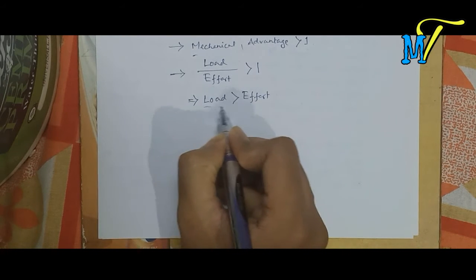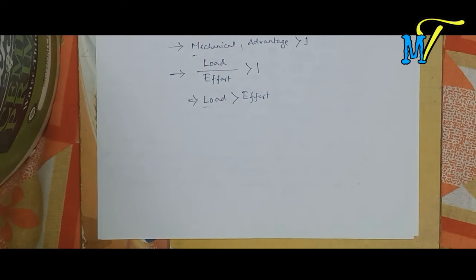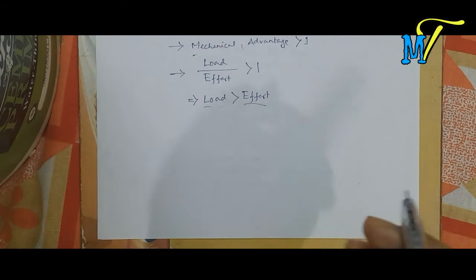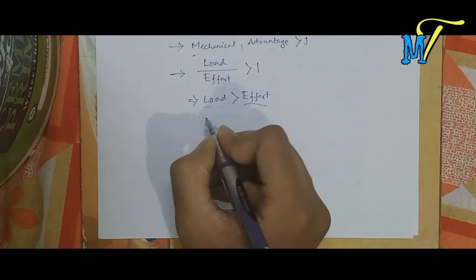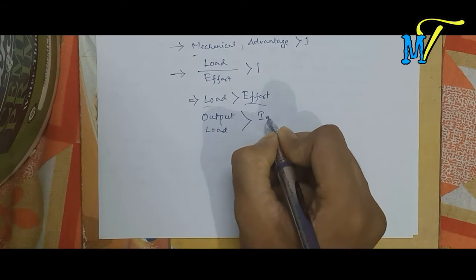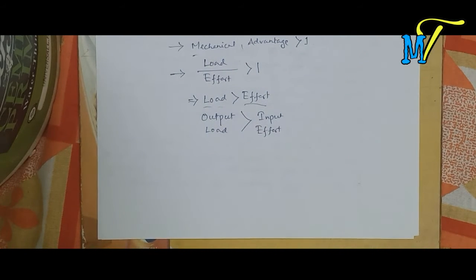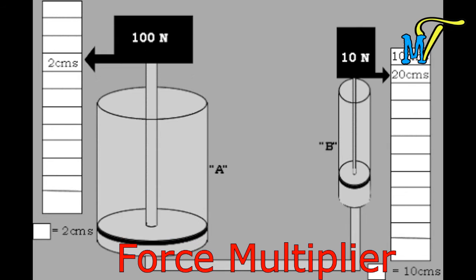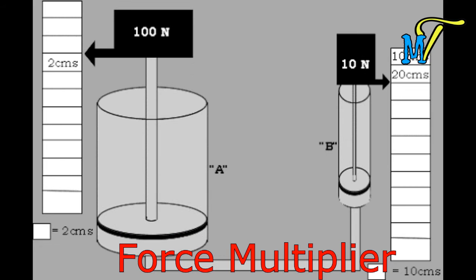Because load is the force we get on the output, and effort is what we give as input to that machine. So output load is greater than input effort. That means our output is greater than our input. Whatever input we have given is multiplied, and hence this condition is called force multiplier.